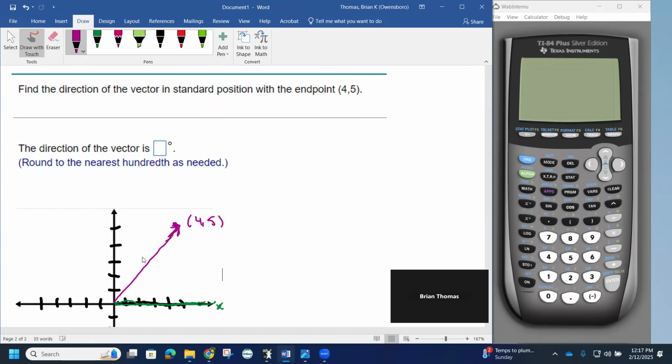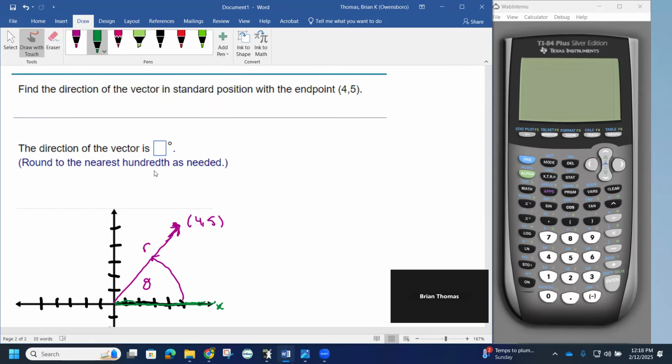So a lot of times they'll use the letter R for magnitude. And direction is how far we rotated off of the x-axis. So the direction would be how many degrees off of the x-axis did we rotate. A lot of times they'll use the Greek letter theta for that.